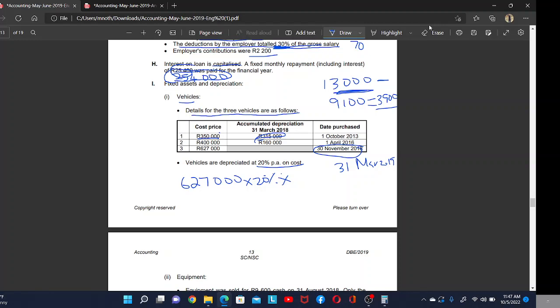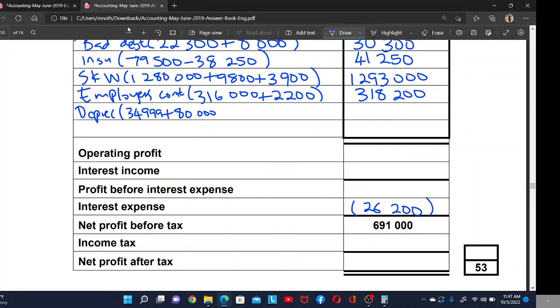So this vehicle stayed for December, January, February, March, which is 4 months. So that will be 41,800. This is our depreciation, plus 41,800.